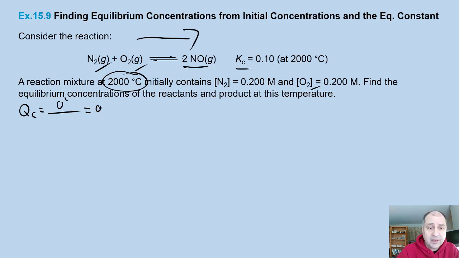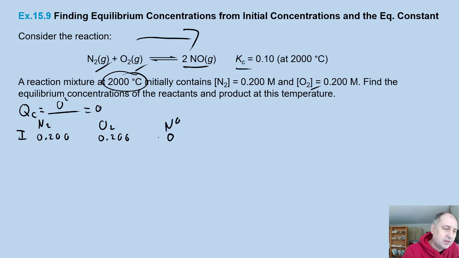Now we can set up an ICE table. The initial concentration of N2 is 0.200. The initial concentration of O2 is also 0.200, and then our product, which is NO, doesn't have a concentration. The change is going to be minus x, and plus 2x.